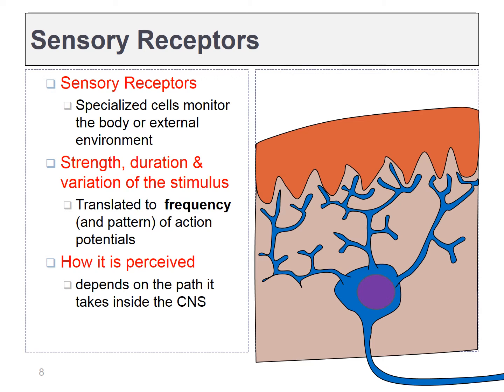So these sensory cells need to convert information from one form, such as light or sound, into action potentials. And they're always going to code the intensity of that signal, whether it's a bright light or a loud sound, into higher frequency of action potentials, and send this information to the central nervous system. Where it goes in the CNS will determine how it is perceived.